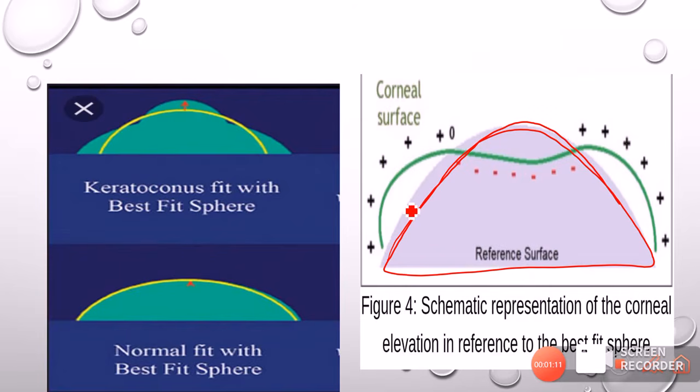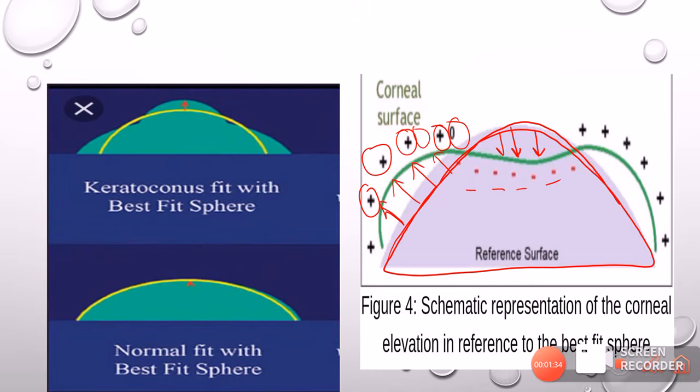All the points which are present above this reference plane will be given a plus sign, and how much they are elevated from that point will be given as a number. Similarly, all the points which are below this reference plane will be given a negative symbol, and how much they are depressed from that point will be given in the number.